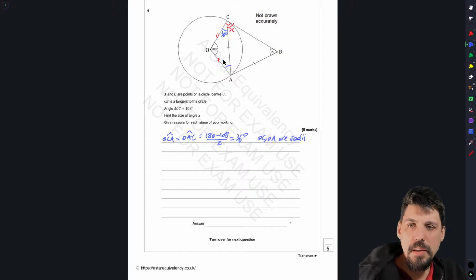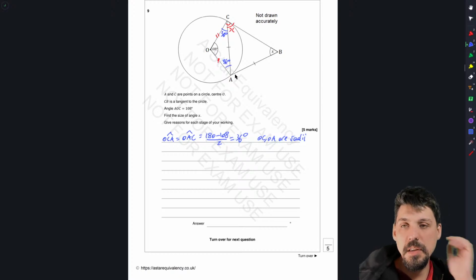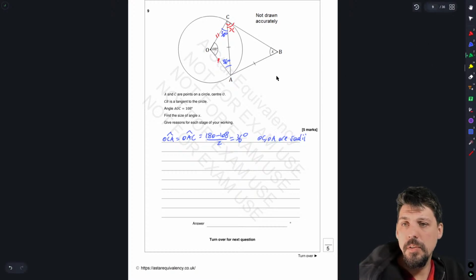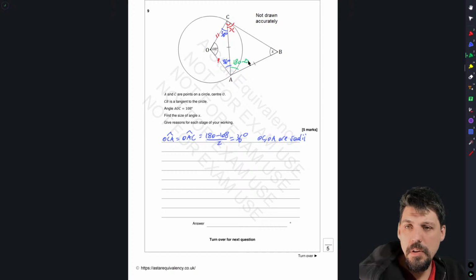So let's put that in, 36 degrees. That is 180 minus 2x. CAB equals 180 minus 2x, as OCB is isosceles.